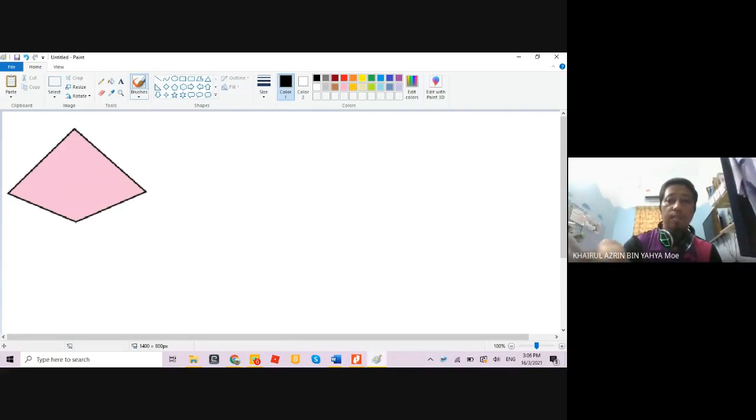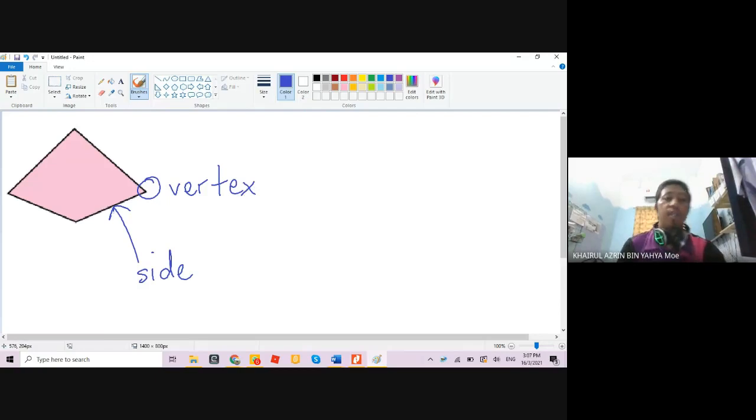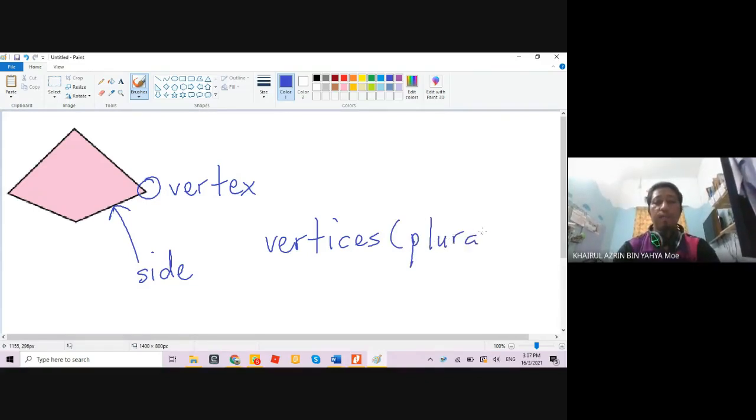This one we call a side. And this one we call a vertex. More than one, we call vertices. Vertices is the plural of vertex. Vertex is singular.